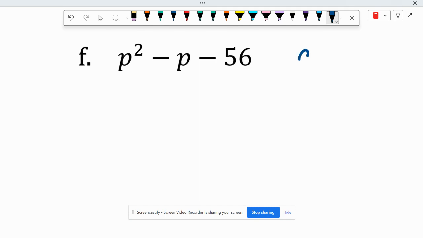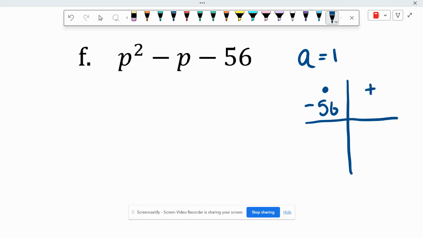Tell me what the value of A is here. A equals 1. So the factors that I choose are the factors I use. What am I looking for on the product? What is A times C? Negative 56. What am I looking for on the sum? What is B?